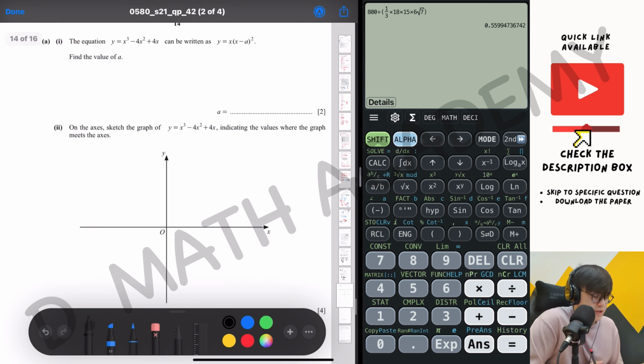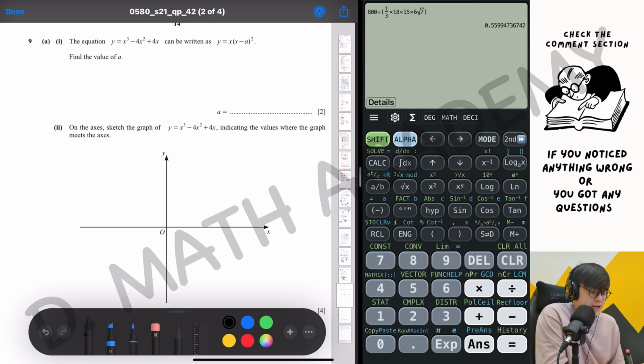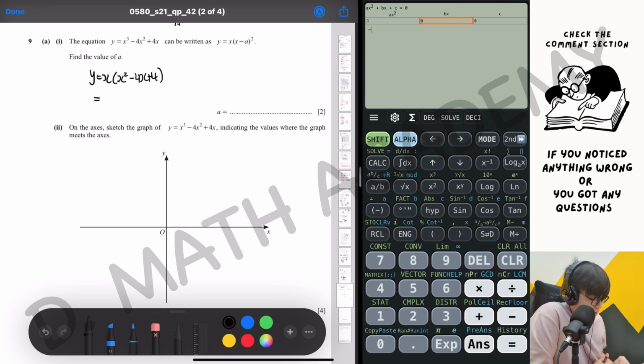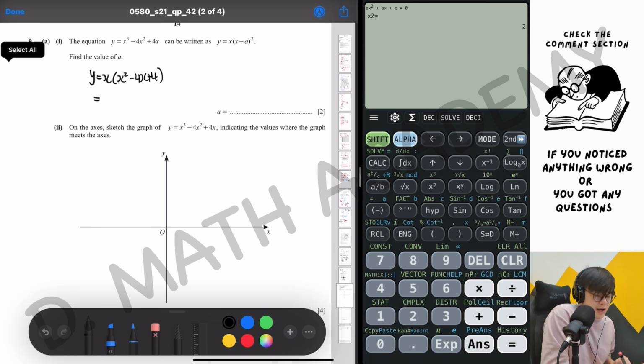Question 9, they were testing you on reorganizing this thing here. So let's say you extracted x out of them. So you have a balance of x squared minus 4x plus 4. Okay, rekey in everything, then you will get it as x minus 2 squared.